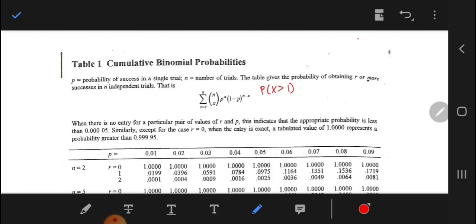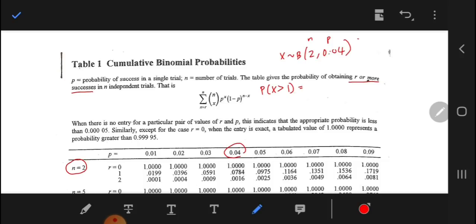Say you have X following a binomial, your n is 2, and your p is 0.04. So that's your p, this is your n. You want to find P(X greater than 1). Because the table gives the probability of obtaining r or more successes, you look at n equals 2 and p equals 0.04.